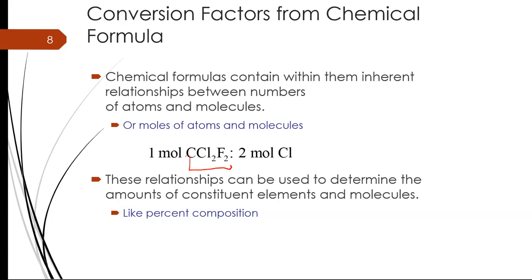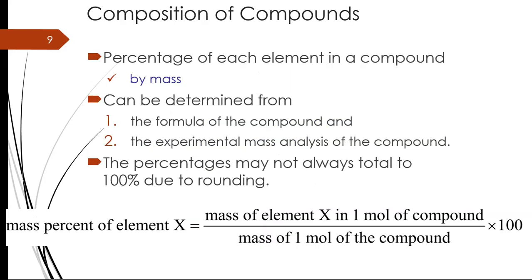These relationships can then be used to determine the amount of each element in the molecules. And so that's what we call a percent composition. So when we're looking at percent composition, one of the common ways that we do that is by mass. So for a compound, we can determine the percent of each element in that compound, its mass percent.